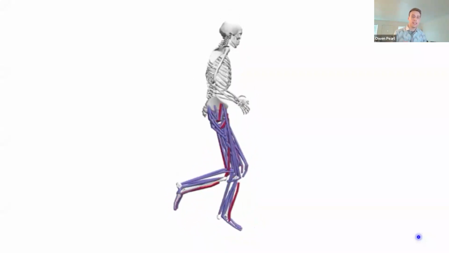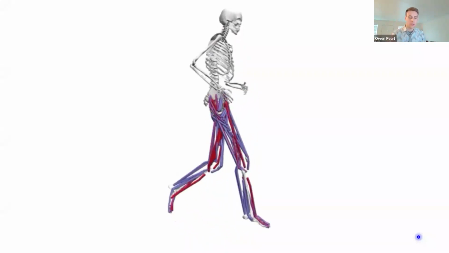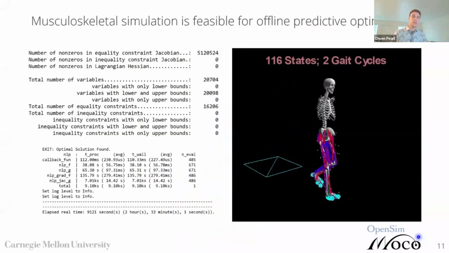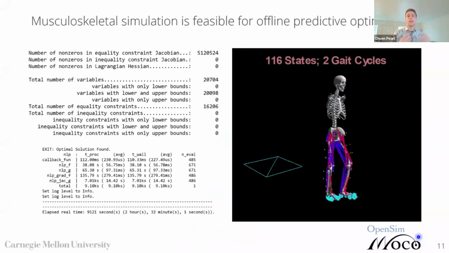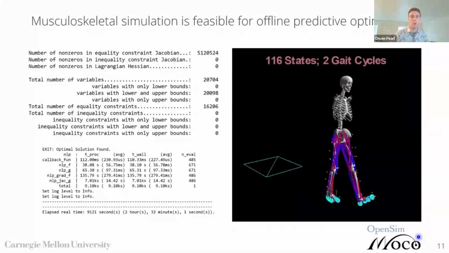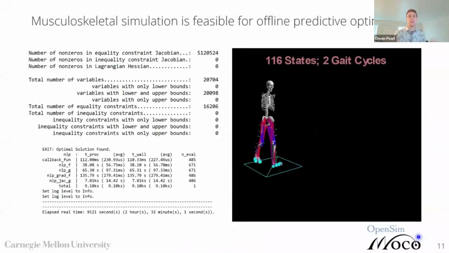So what's exciting is that in this pipeline, where we try to do this musculoskeletal analysis, predictive simulations are starting to become less of a bottleneck to this process. So we can now comfortably do some of the most complex simulations with thousands of decision variables offline within a few hours.